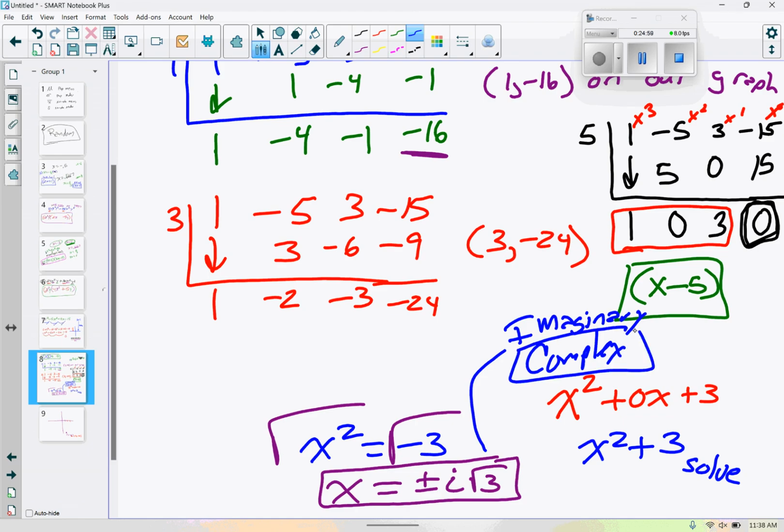Which basically means this, for most intents and purposes, won't cross the x-axis. Okay? Now, that's how you used to have to do this problem in the olden days.